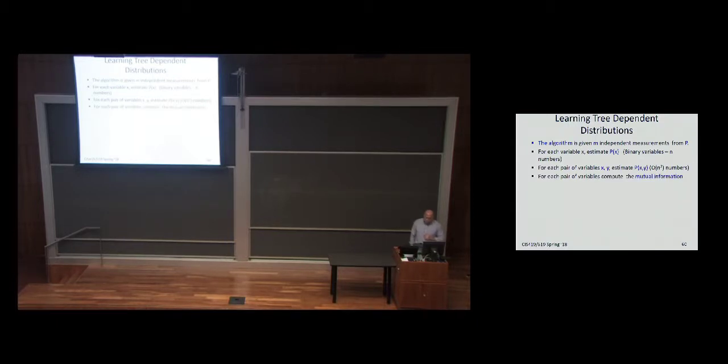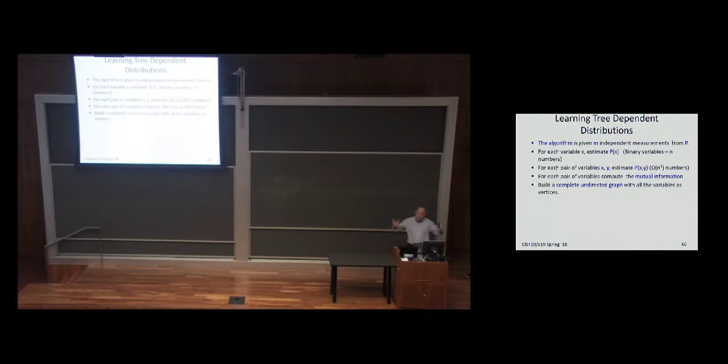Okay. So now that I have these pairs, for each pair, I can compute the mutual information, right? I got P of X, I got P of Y, I got P of XY. I can compute the mutual information, which I defined before. What I'm going to do now, I'm going to build a complete undirected graph with all the variables as vertices. A complete undirected graph.